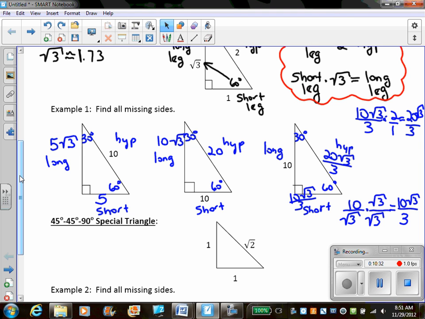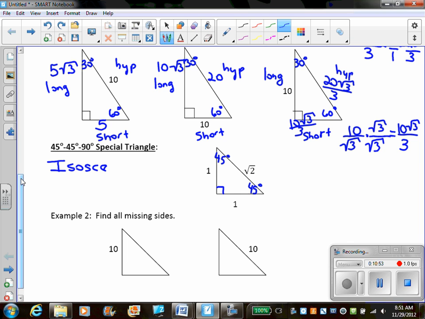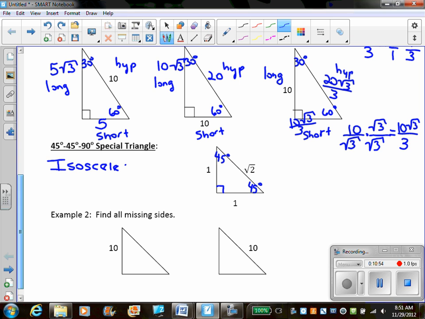Now we're going to get to the 45, 45, 90 special triangle. And the first thing, before I even talk about the relationship, I want to make sure you realize that if you have a 45 degree right triangle, which means that we have a 90-degree angle in there as well, this is actually an isosceles right triangle.